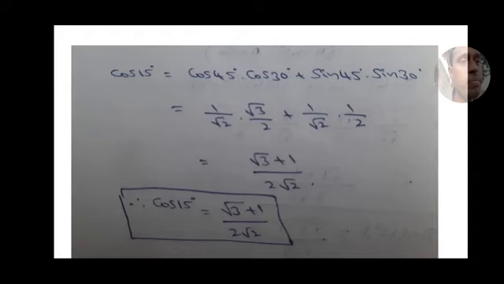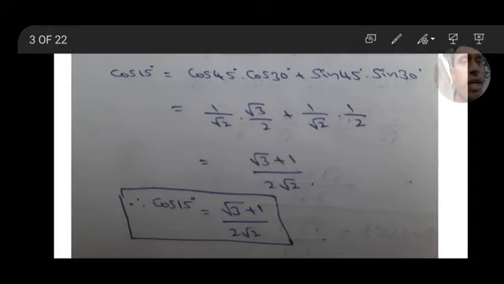Cos 15 equal to cos 45 cos 30 plus sin 45 into sin 30. Cos 45 equal to 1 by root 2, cos 30 equal to root 3 by 2, sin 45 equal to 1 by root 2, sin 30 equal to 1 by 2.